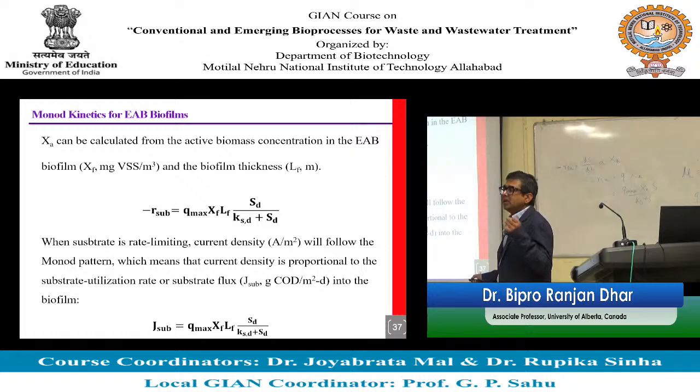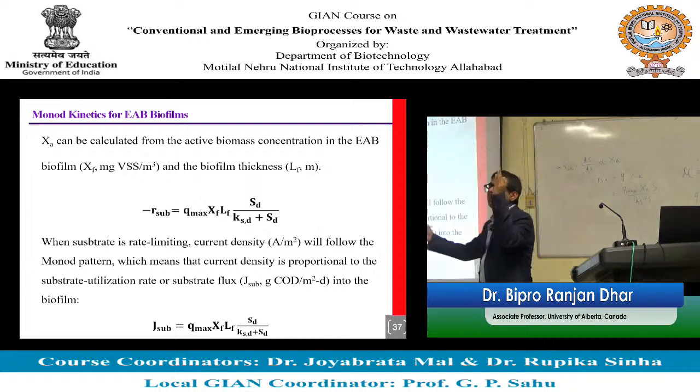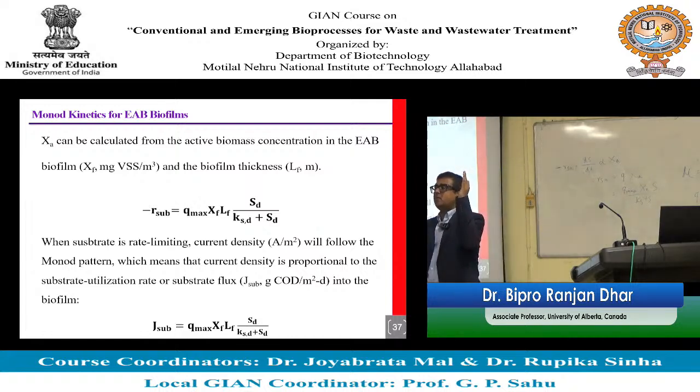We can estimate it from the concentration of EAB biomass, which is XF, and the biofilm thickness. If you multiply the concentration of electroactive bacteria, as VSS, by the thickness of the biofilm, because it's a biofilm system, not a suspended growth process, so that's why we multiply the concentration by the thickness.